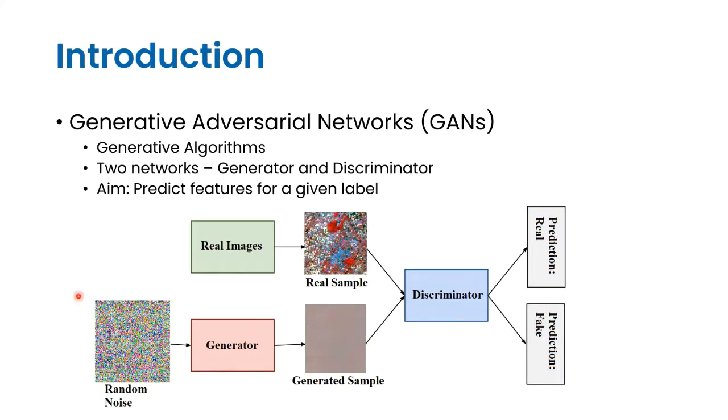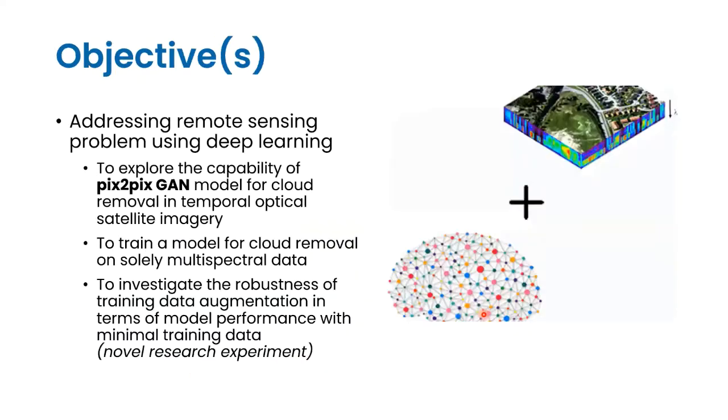As we train the entire GAN network, the generator becomes better and better at producing these fake samples, and eventually the discriminator is no longer able to differentiate between the real and the fake sample. This is when we say that the training of the GAN converges. Now we shall see how GANs have been used and can be used for cloud removal in satellite imagery.